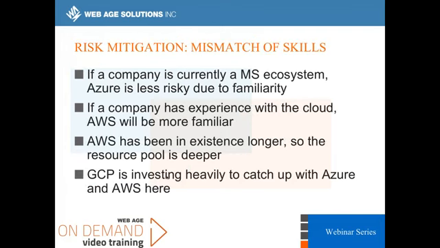Mismatch of skills. Again, if your company is already a Microsoft ecosystem, if the people in your company have gone through Microsoft their whole careers, Azure is probably less risky. If the company is already experienced with the cloud, it's probably been on AWS, and AWS having been in existence longer, the resource pool that knows AWS is probably deeper.